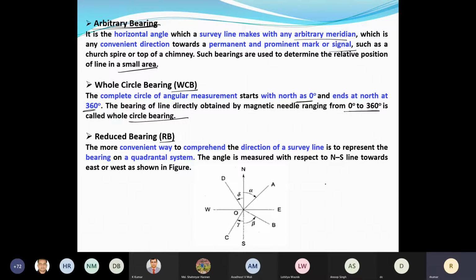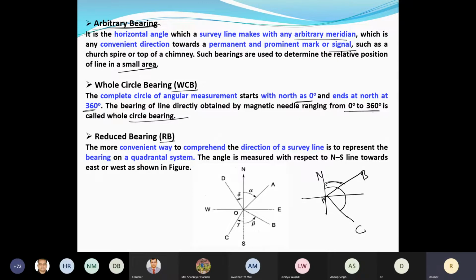See, if I am measuring, this is my north, and if I measure here, this is my A, B, and if this is C, this angle, then again I will take this angle. So in clockwise direction I am making the measurement between 0 to 360 degrees, then I am taking the whole circle bearing.